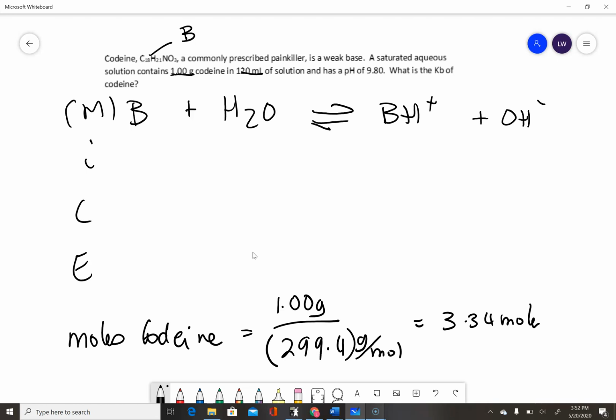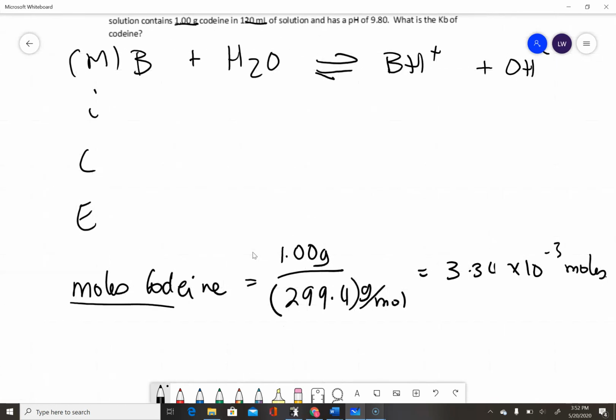Okay, so once I've done that math, 1 divided by that ends up giving me 3.34 times 10 to the minus 3 moles. But what we want to do is divide that by the liters of solution in order to get the molarity.